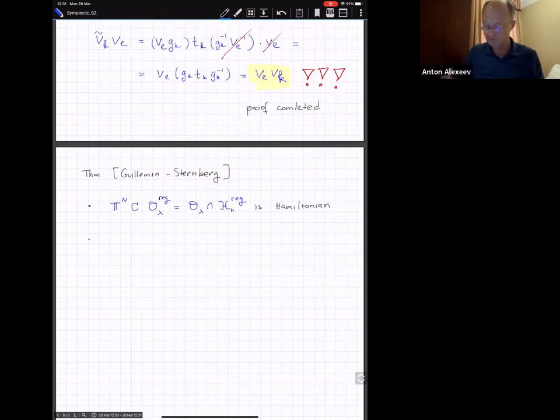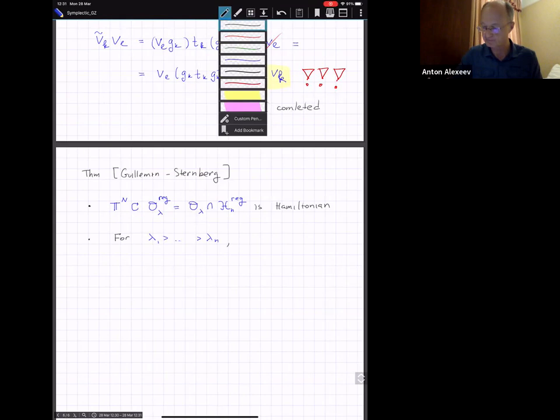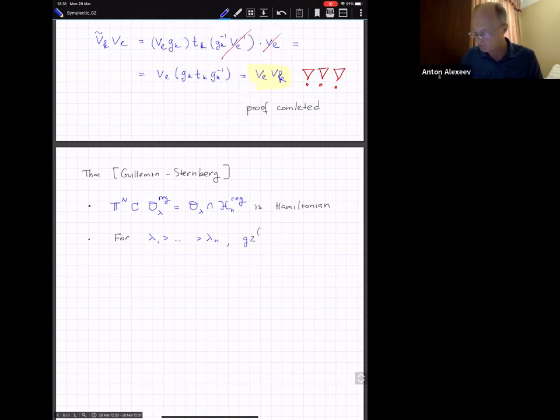Now assume, to simplify things, that our orbit corresponds to distinct, has n distinct eigenvalues. So then let me have GZ_{n-1}, and I'll explain what it is, the moment map for this action.